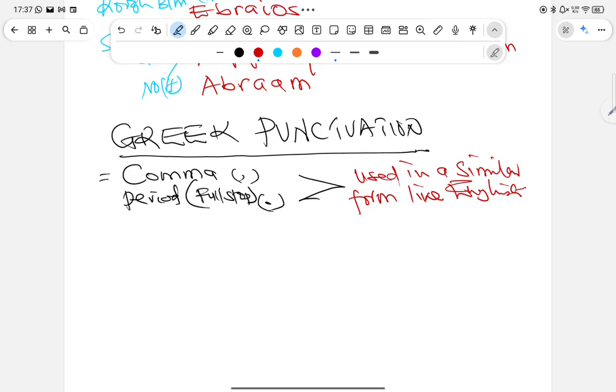Okay, now the two differences here are this.